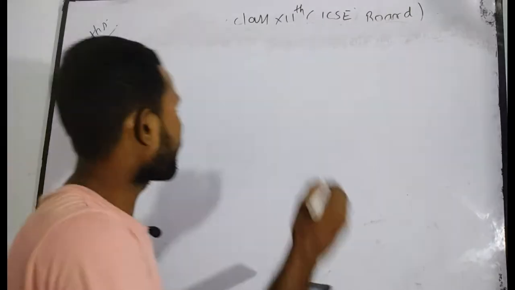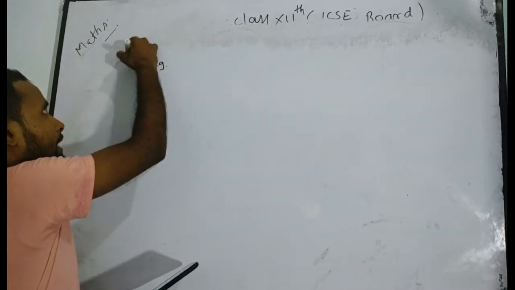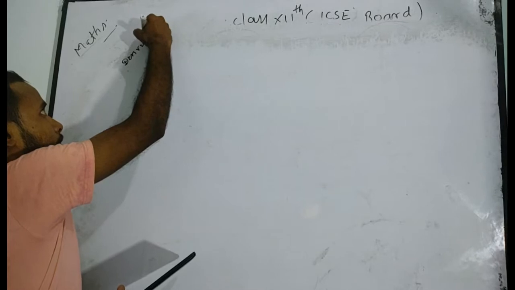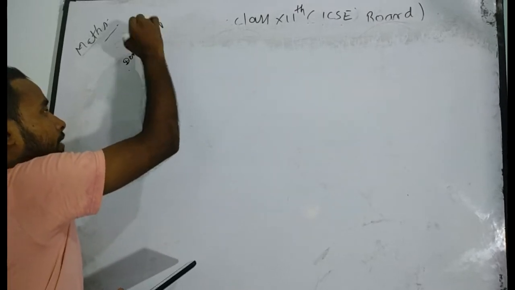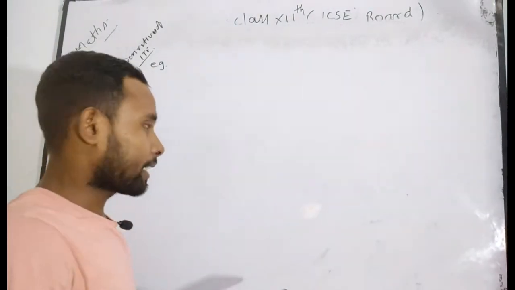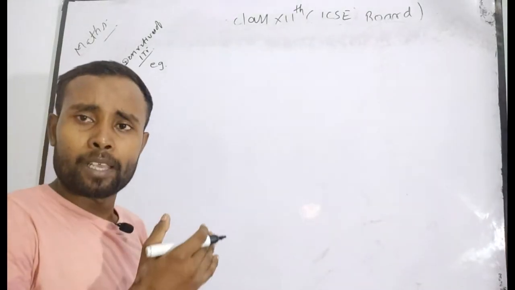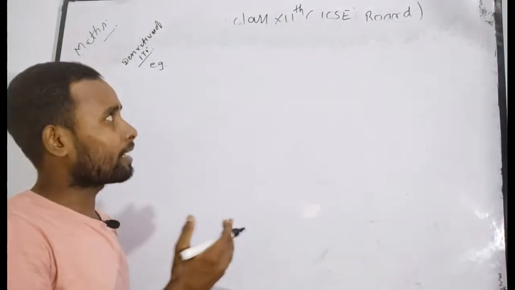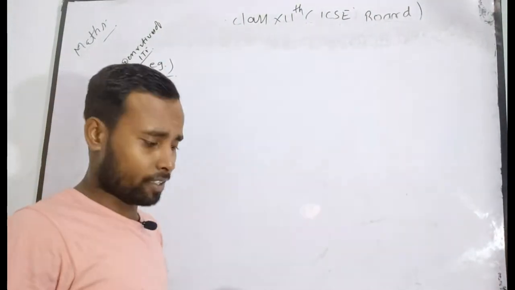Your topic will be, you can write here, derivatives of inverse trigonometric functions. First will be 17. In the earlier class I also discussed the same problem, but the question level and solving clue will be quite different.